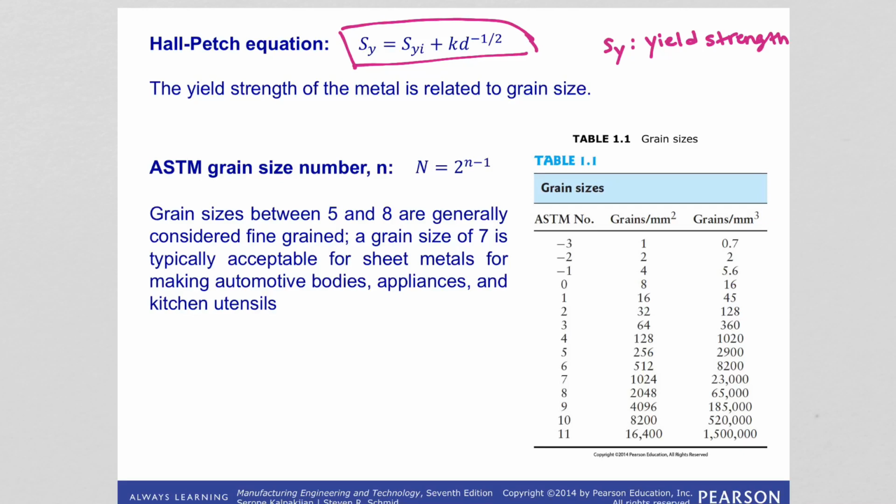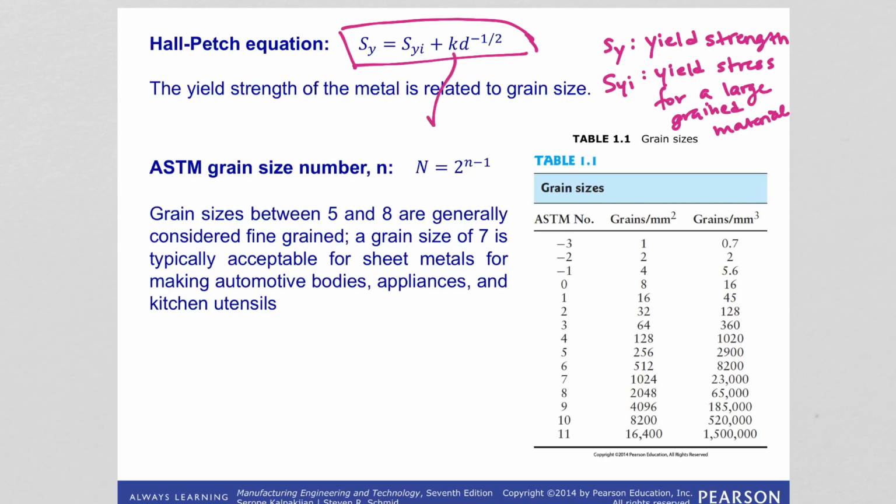And S_YI is the yield stress for a large grained material. Compared to that, we are looking at how much this yield strength is increased with the grain size.